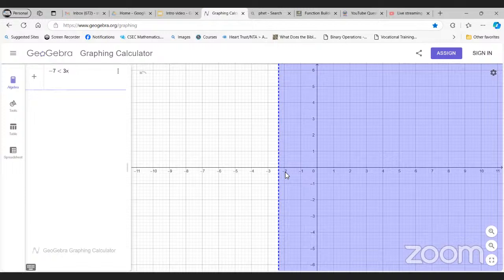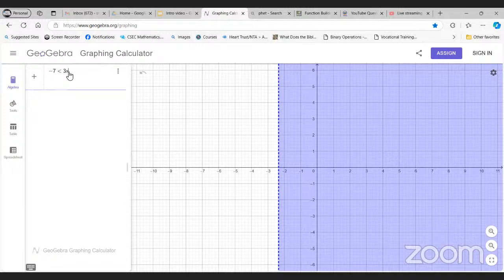Because if you plug in negative 2 for the value of x here, it will be negative 6, which will be greater than negative 7. If you plug in negative 1 for the value of x here, it becomes negative 3, which is still greater than negative 7. If you plug in 0, it's still greater than negative 7.